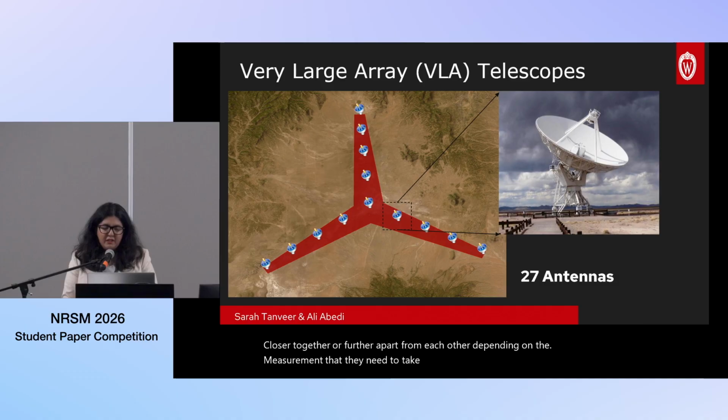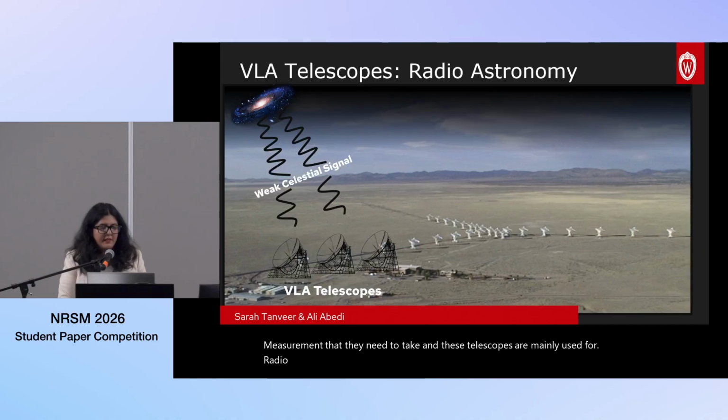And these telescopes are mainly used for radio astronomy, which means that they need to collect signals from far away space objects, and as you can imagine, these signals will be extremely weak.